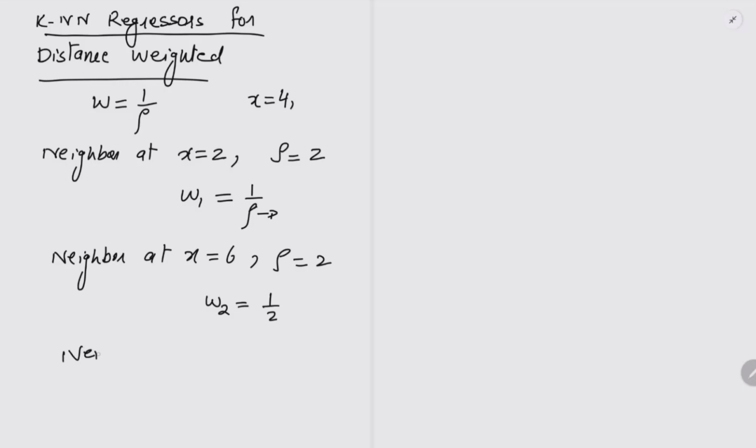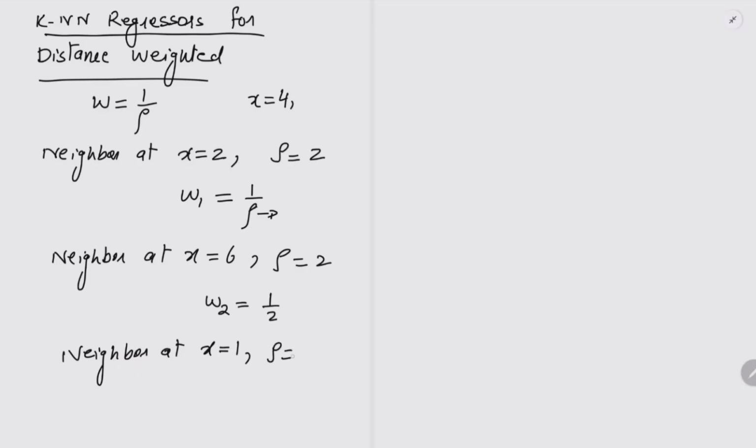So the neighbor at x equal to 1, these were the neighbors that we already obtained. How is this obtained? We found the minimum distance.